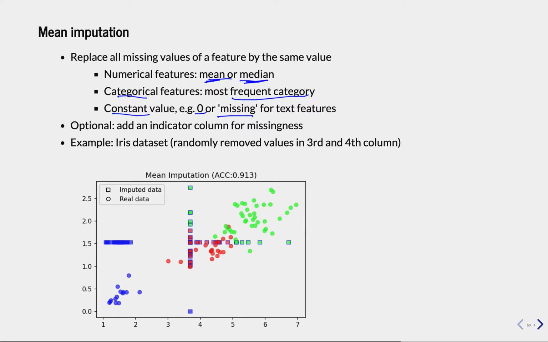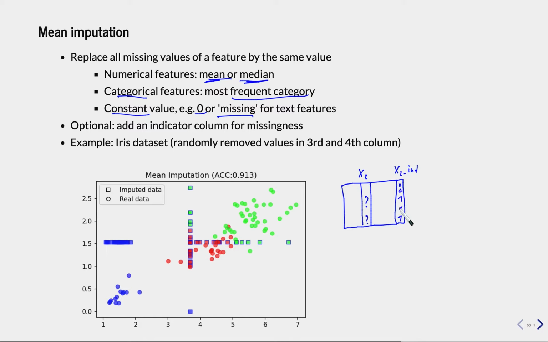Now, what you can also do is to not lose the information about the missingness, because sometimes, well, missingness can mean something, right? And we don't want to throw away that information. So what we do in this case, if we have a missing value here and here, we add a new, let's call it an indicator column. So say that this x2, then we add something like an x2 indicator, and we put a 1 when the feature was missing and 0 otherwise.